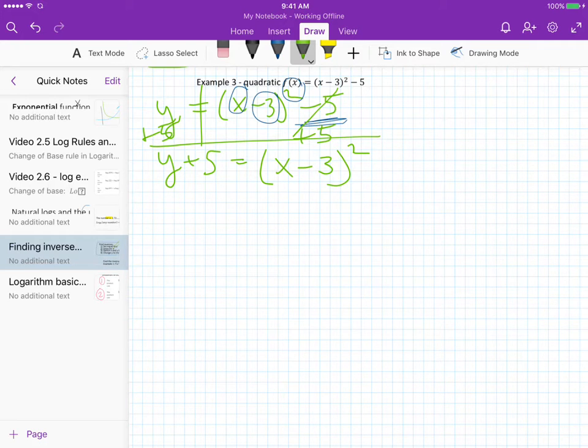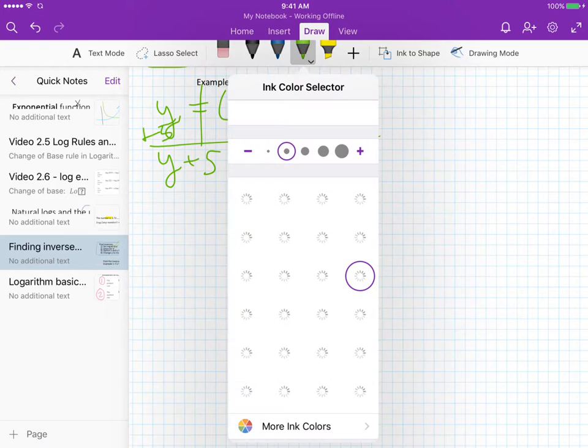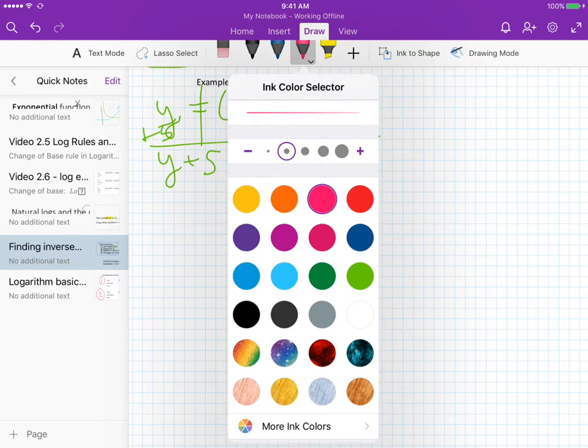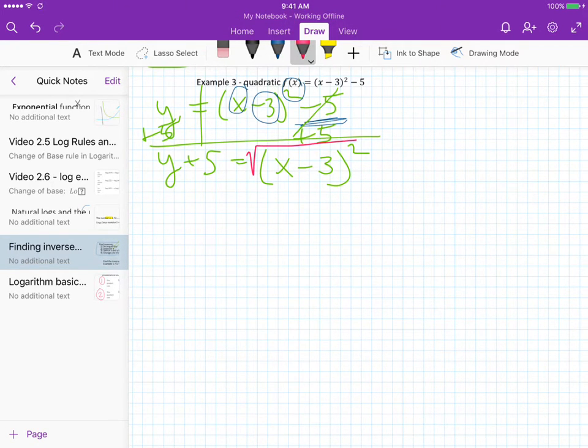Now, I cannot get rid of that -3 yet until I get rid of that squared. So we know that the inverse of a squared is a square root. So we are going to square root both sides. So this cancels out. Now I just have x minus 3 over here is the square root of y plus 5.